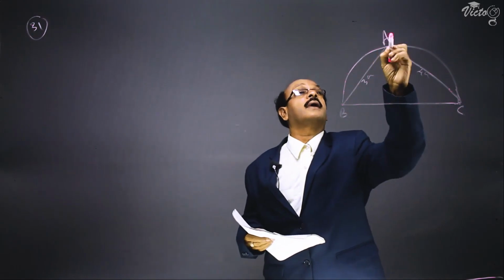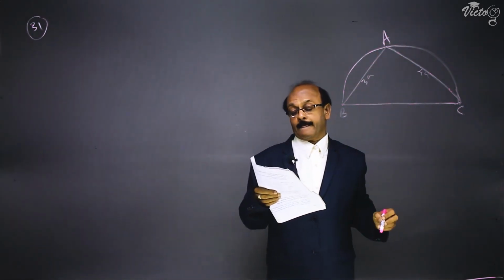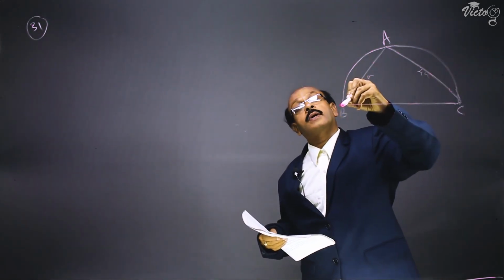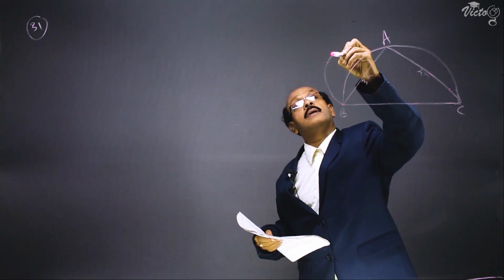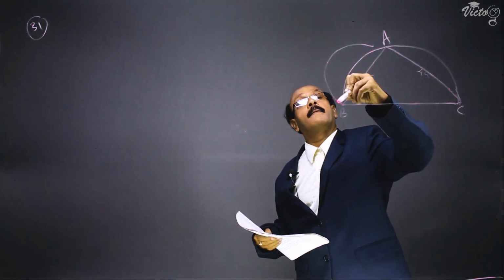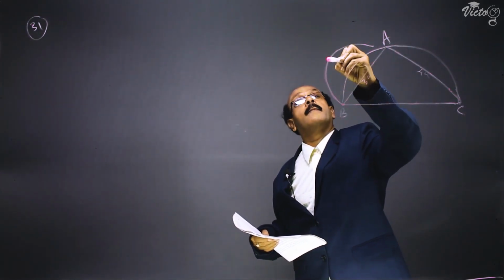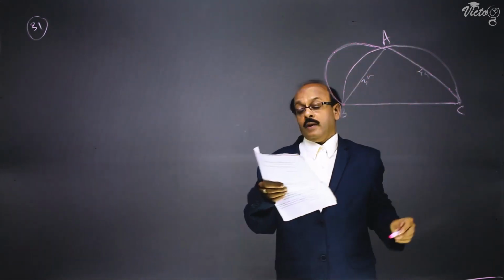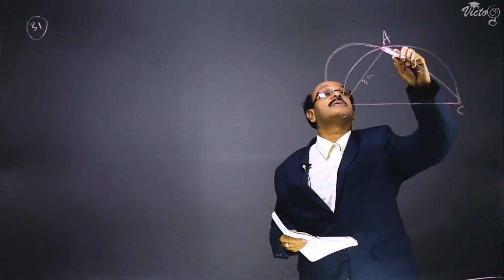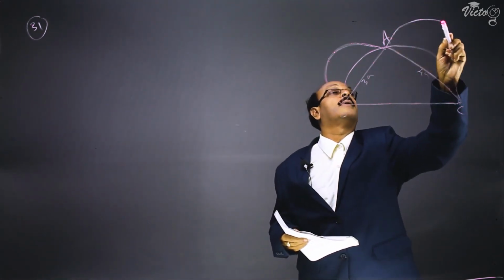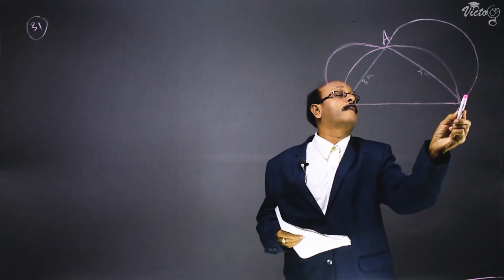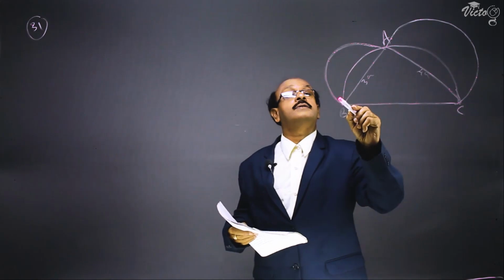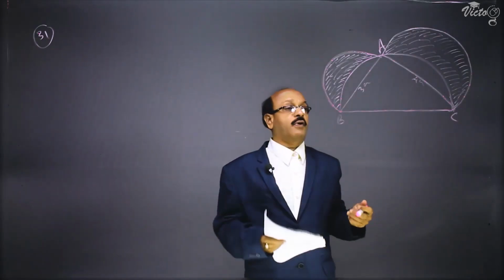Here the point is A. Now here is a semicircle. From this point, another semicircle is drawn. The shaded portion is this much. This is the given figure.